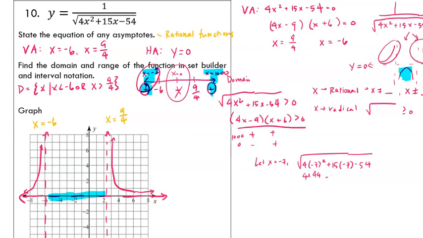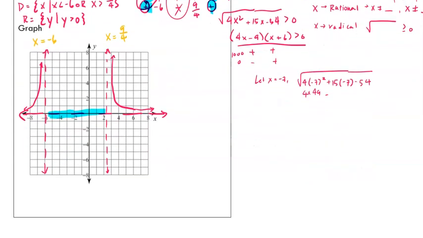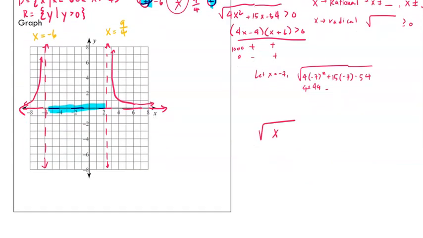There's my graph. What is the range of that? Y has to be greater than 0. Now, you should have known that since this is a radical, the range kind of takes care of it. When we look at a square root function, the parent function, look at it.